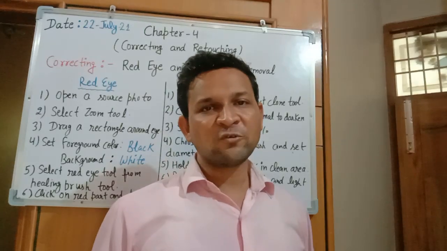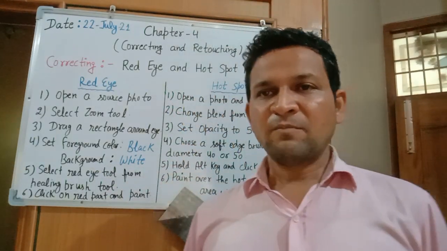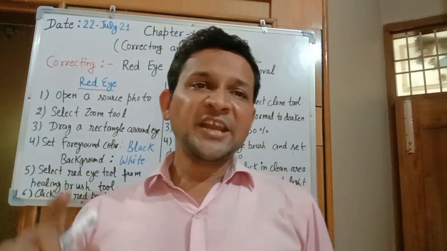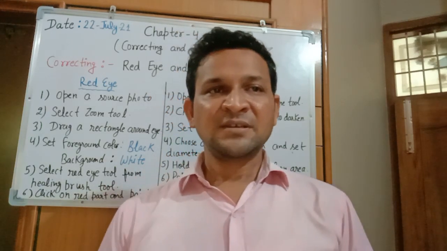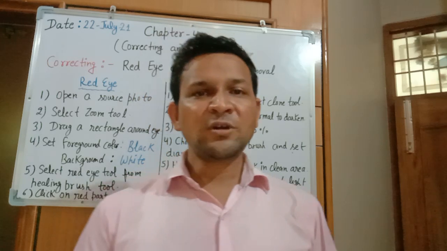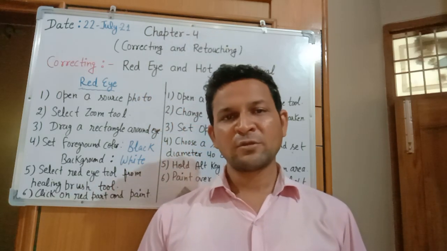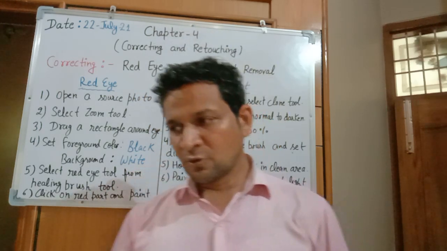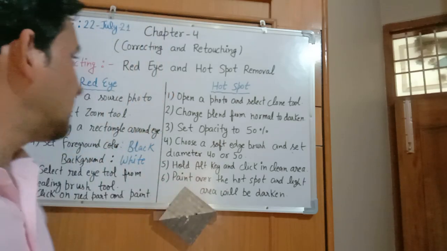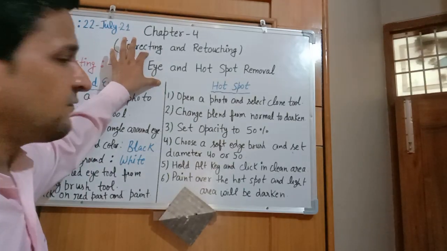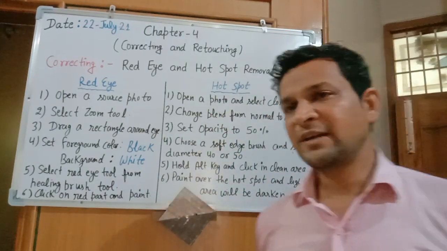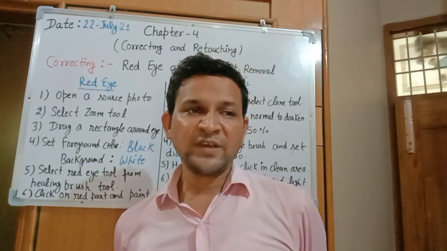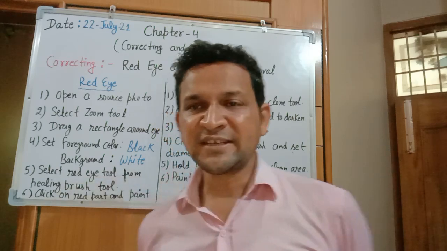Sometimes a photographer clicks a photograph, but in the eye area there is a reddish tint due to the non-adjustment of the proper photo size or structure. So to adjust the photo color, eye color, we need to remove the red eye part. It means we need to edit the part where the eye is looking red.